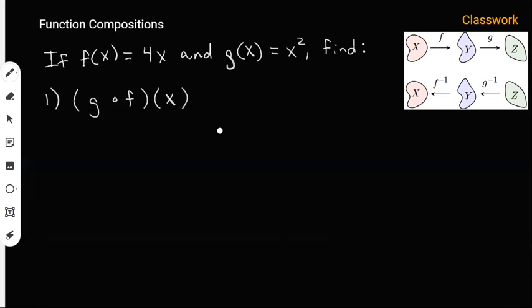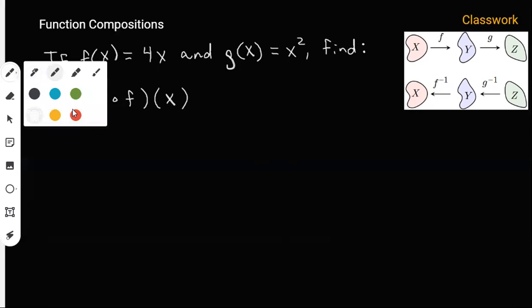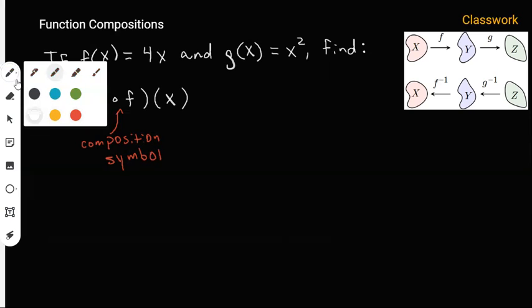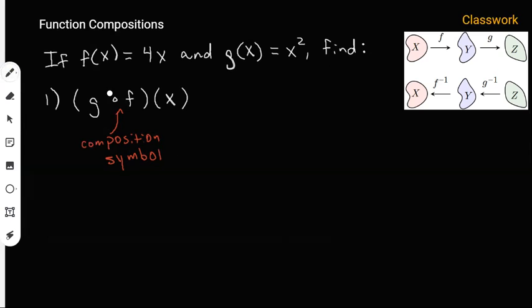Okay, so whenever you have that open circle, that is the composition symbol. So let me write that down. This is the composition symbol. So whenever you see this, you know that you're going to do what's called a function composition. So what this is going to look like is, first of all, the function on the left goes first, and then the function on the right goes second.